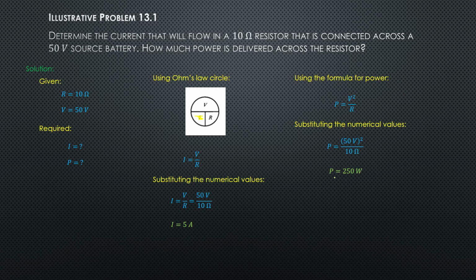You can also check using the other formulas for power, VI or I squared R. So voltage is 50 and current is 5 amperes. The product of this gives you 250 watts. And for the other formula, I squared R, that is current squared multiplied by resistance. So current is 5 amperes, squared, multiplied by 10. 25 times 10 is 250 watts.